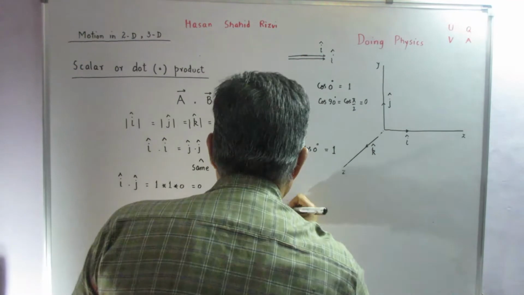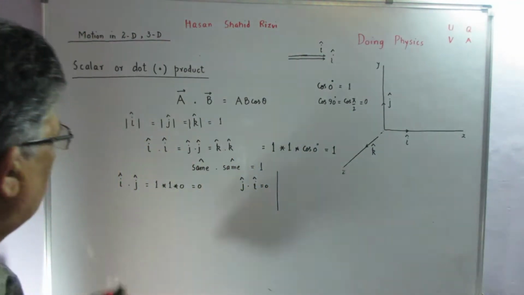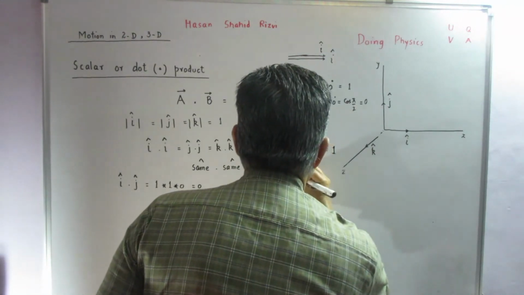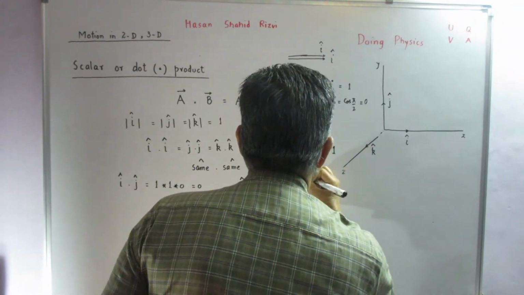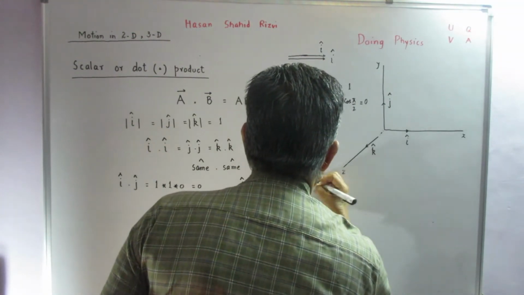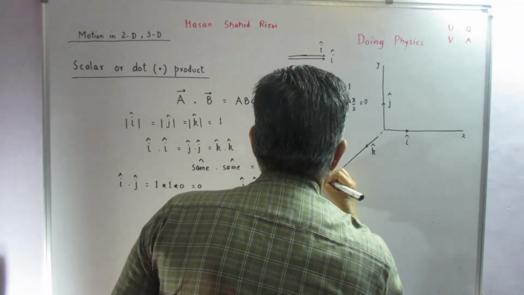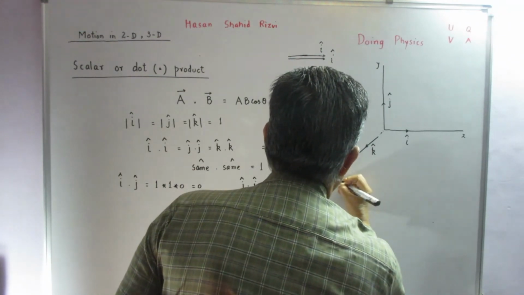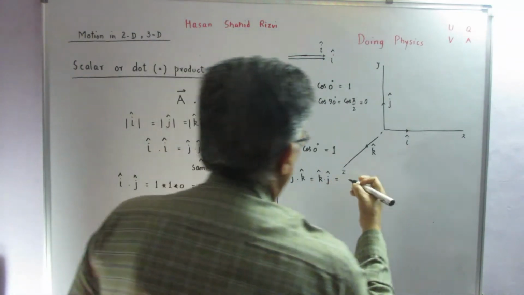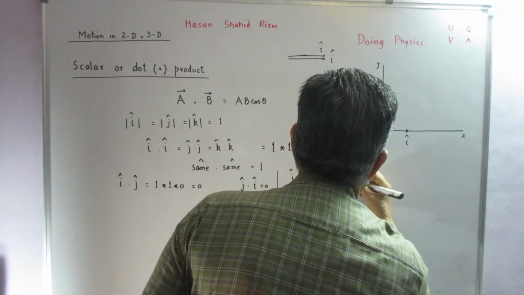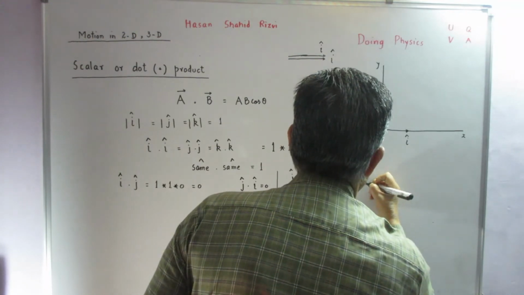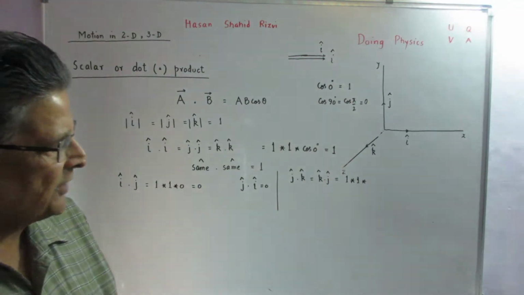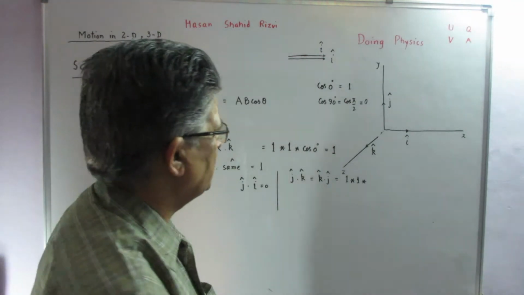And similarly, I can take j dot k. In the cyclic order I will go j dot k, or this will be equal to k dot j, which will be equal to 1 into 1 into cos of 90 degrees, whether theta is plus 90 degrees or minus 90 degrees.